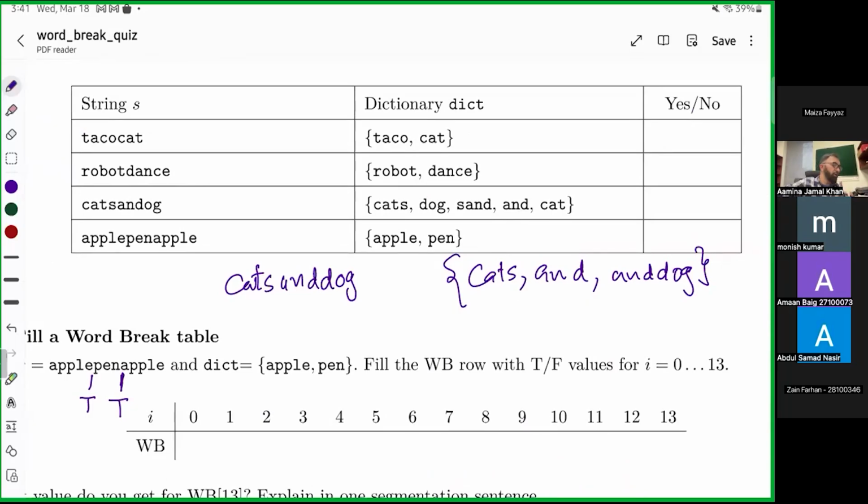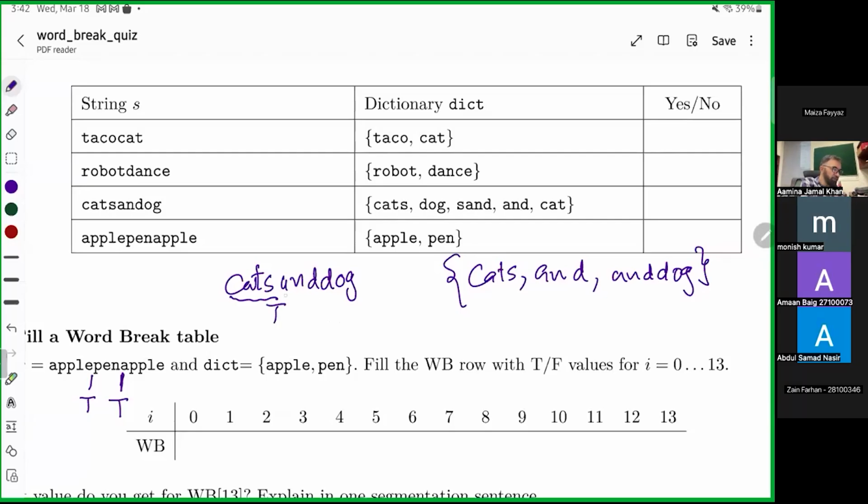Okay, so this is the string I'm going to come to in a second, but let me just complete this example. If I have a string which is cats and dog, and a dictionary which contains three words, cats, and, and dog just as a word. Here, at the end of cats, which is WB4, I think, it's going to be true.